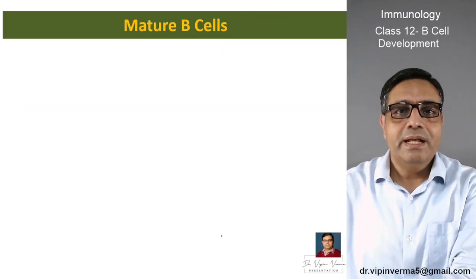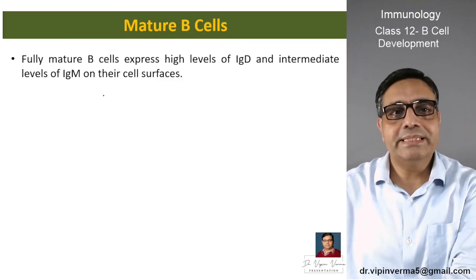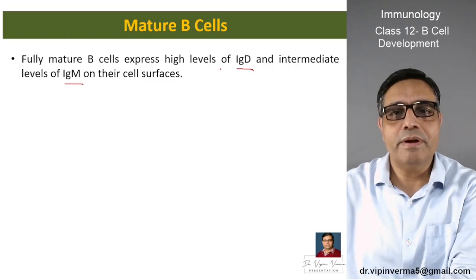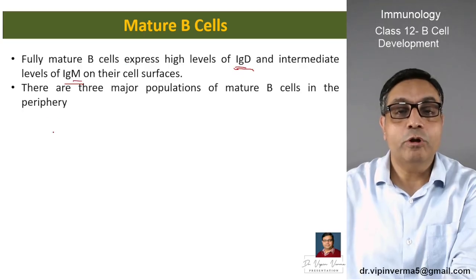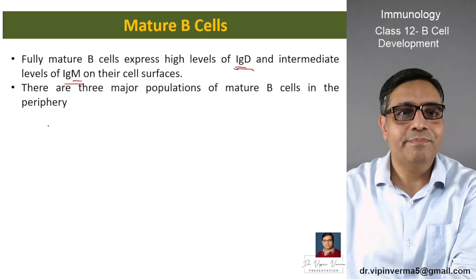Now let's talk about the mature B cells. Fully mature B cells express high levels of IgD and intermediate levels of IgM on their surface. You remember that most of the BCRs have the IgD type, while they have intermediate levels of IgM on the surface, although their specificity remains the same.